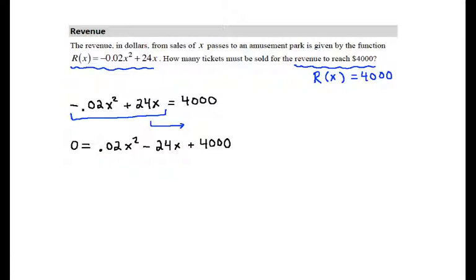So let's go ahead and use the quadratic formula on this. We'll know when we finish whether it was possible to factor or not based on what kind of solutions we get. That would be a equals 0.02, b equals negative 24, and c equals 4,000.